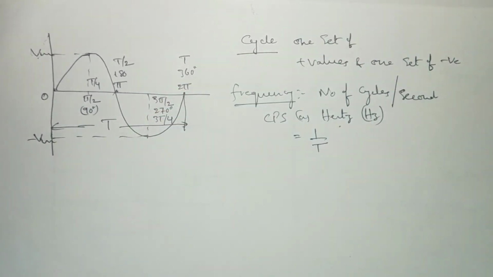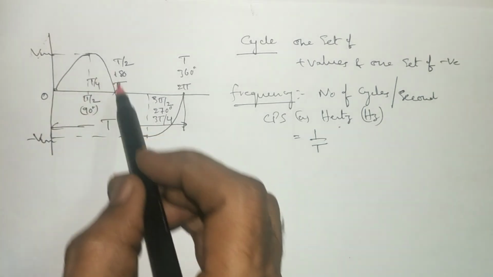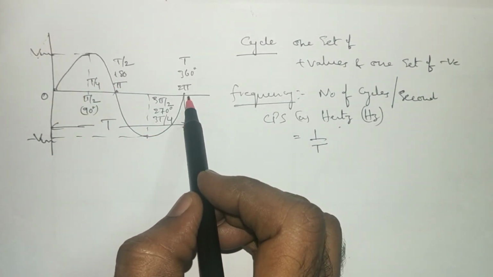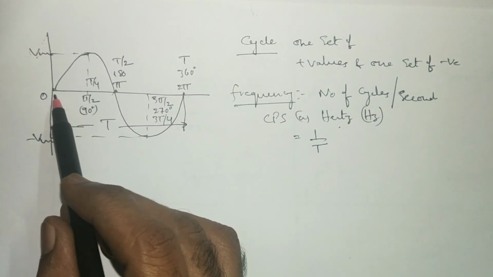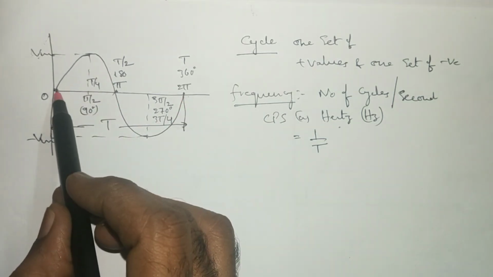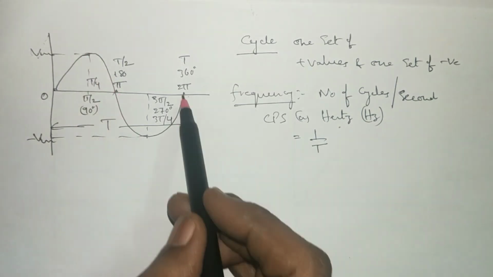Now, my question here is, if you consider this complete waveform over a period of capital T, one time period, we are going to have almost infinite values if you consider the magnitudes.